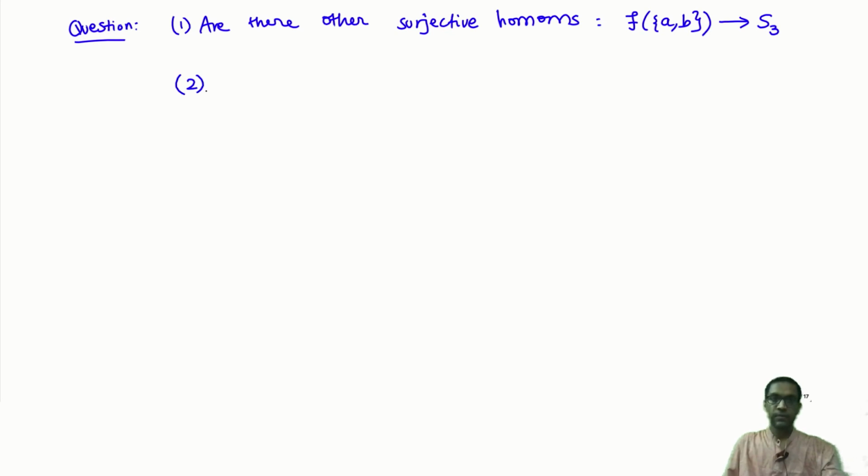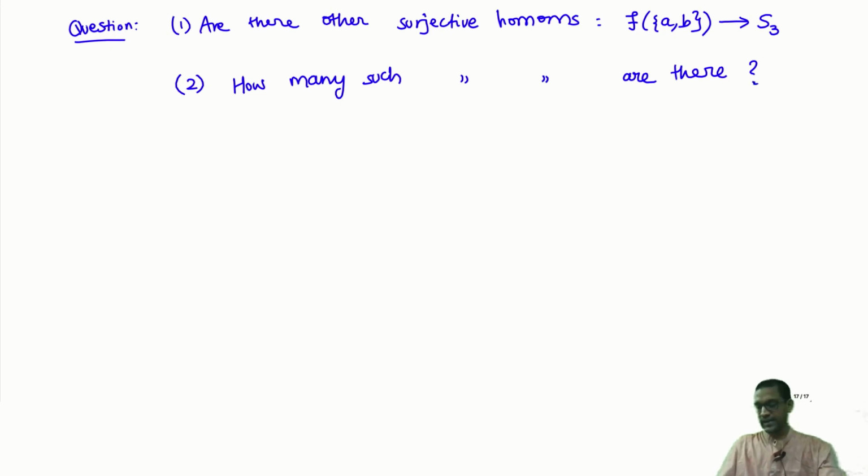And a maybe related but slightly harder question: how many such surjective homomorphisms are there? It's a finite number. There are only finitely many of them. Your task is to try and find out exactly how many there are. Okay, so we'll stop here.